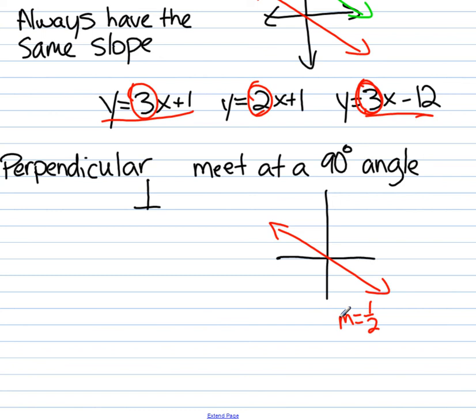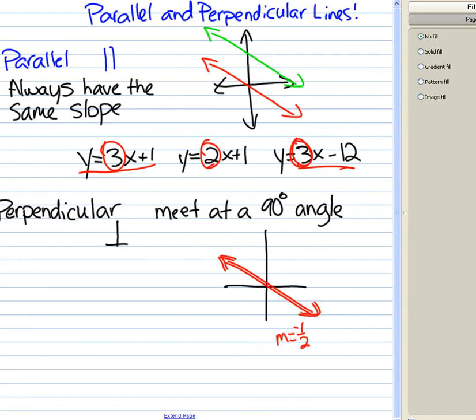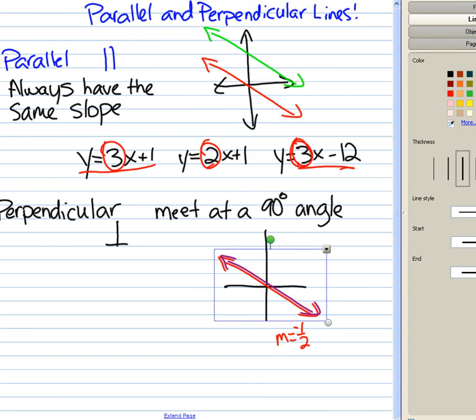Because it kind of looks like that, right? Except it'd be -1/2. Thank you for correcting me. Why do we know it's negative? Because it's going down. All right, so now right now it's parallel. We don't want that. Let's make it purple.